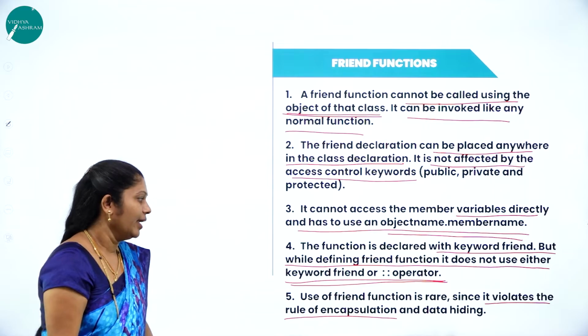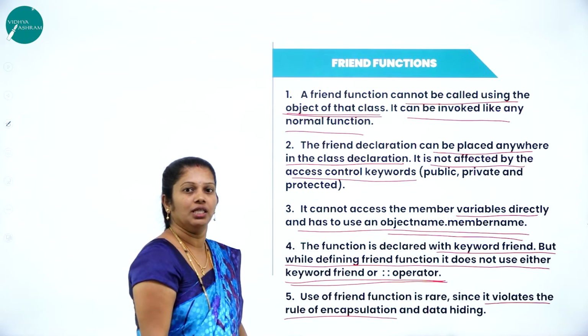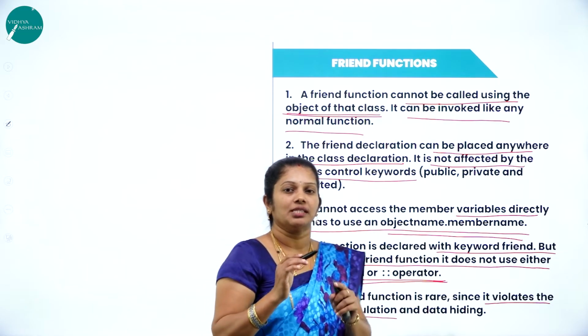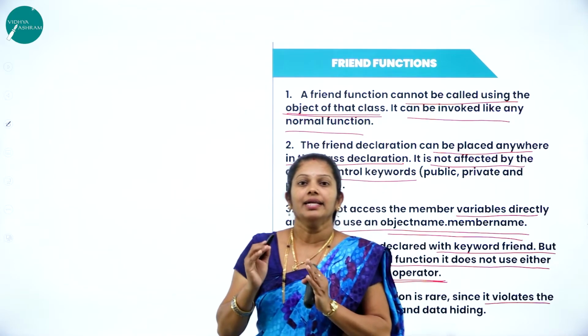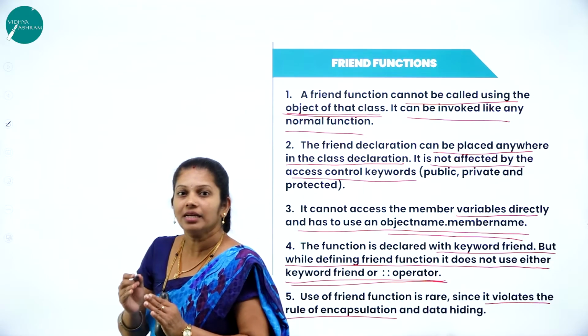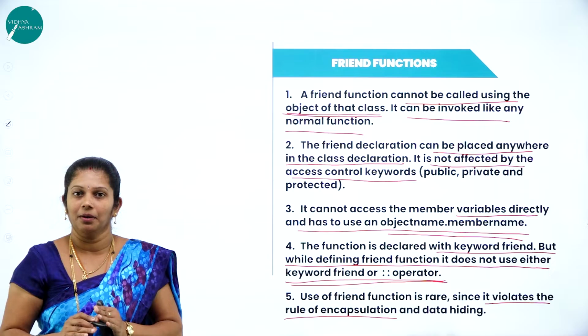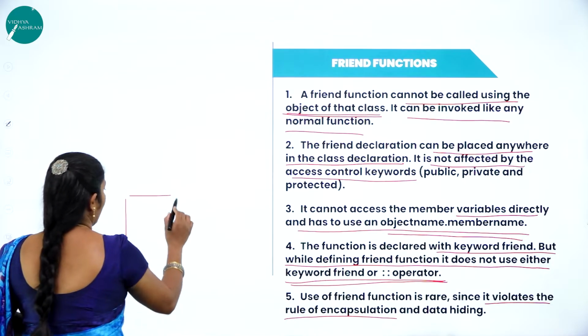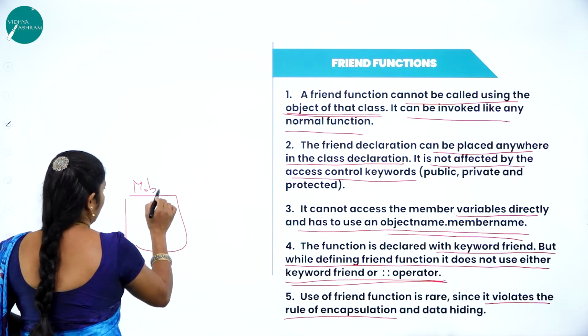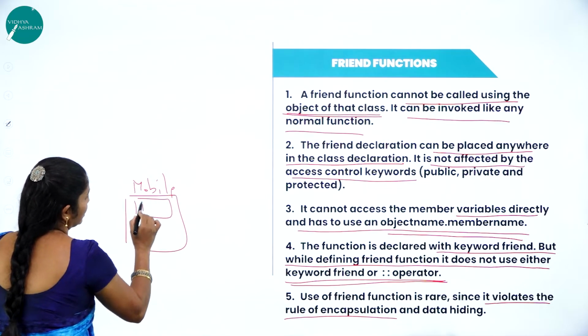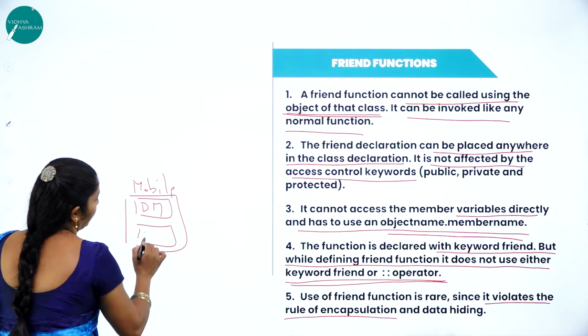What do you mean by data encapsulation? Encapsulation is nothing but combining data and function into a single unit for security purposes. Consider you have a mobile. On that mobile, you have data members as well as member functions.